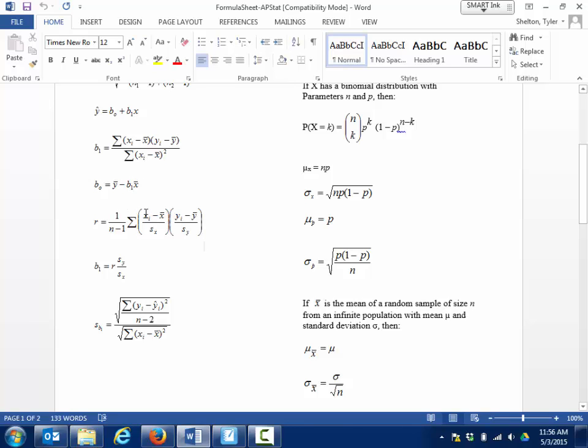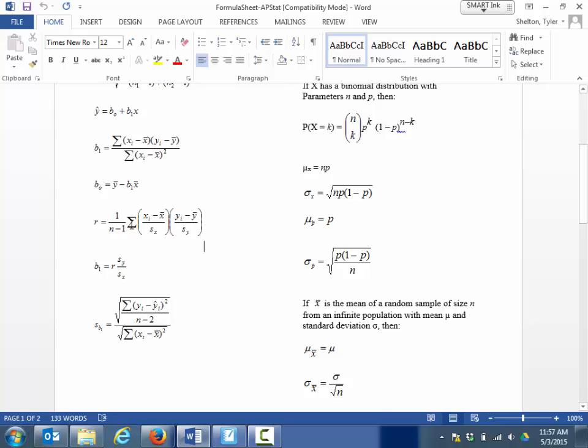This guy is how to find a correlation coefficient, and x sub i minus x bar over s sub x, that is a data value minus a mean of x's over the standard deviation of x. So this is, in parentheses, a z-score for x. Similarly, to the right of that, you've got y sub i minus y bar over s sub y. A data value minus its mean over a standard deviation, that's a z-score for y.